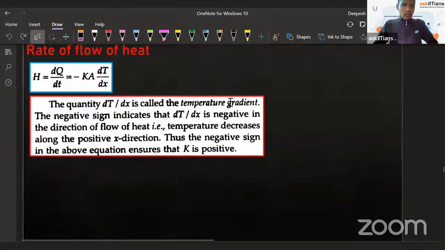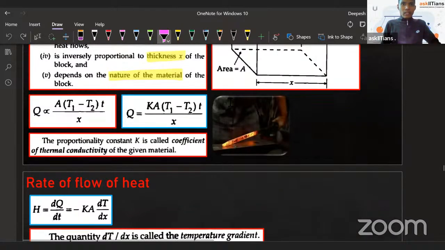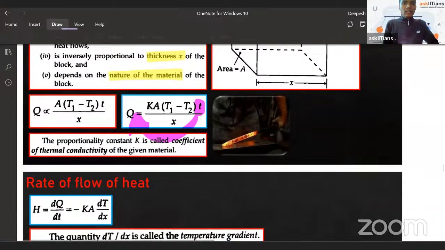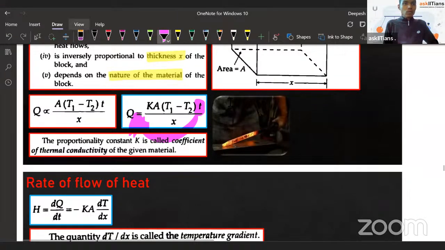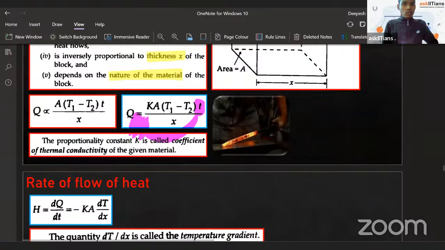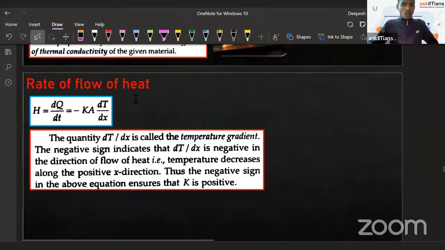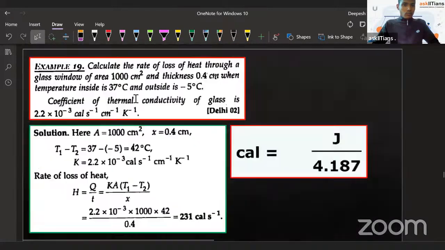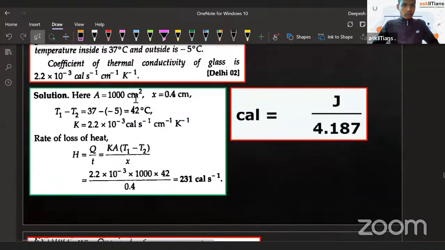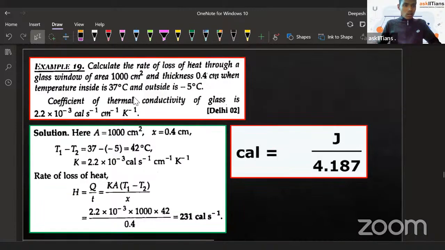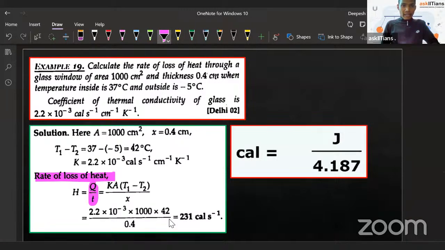We are taking this particular time, putting it over here. Now to calculate the rate of loss of heat, I will do Q by t, which is all the remaining things.